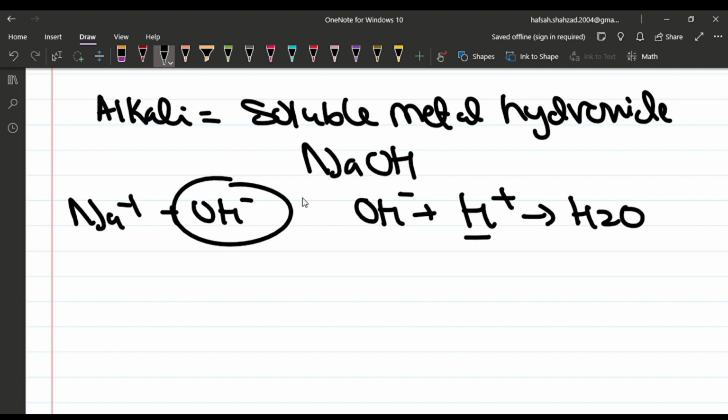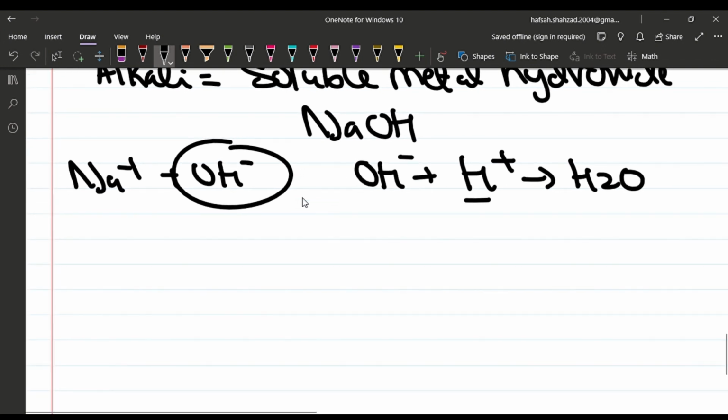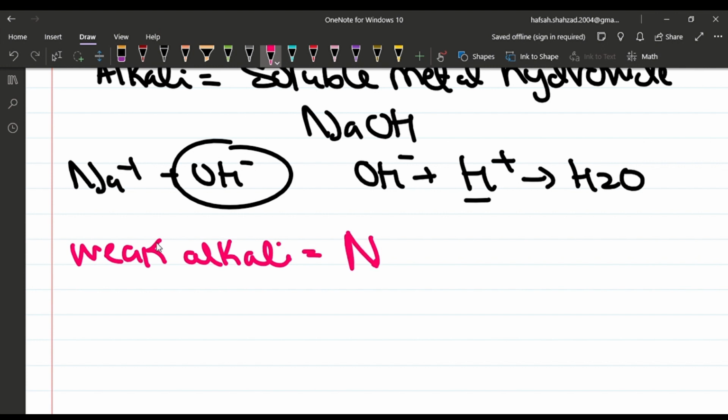Now a few examples of a strong alkali and a weak alkali. Just like strong acids are completely ionized, a strong alkali would also be completely ionized in aqueous solution. For instance, NaOH is a strong alkali and is completely ionized. A weak alkali example is ammonium hydroxide, NH4OH.